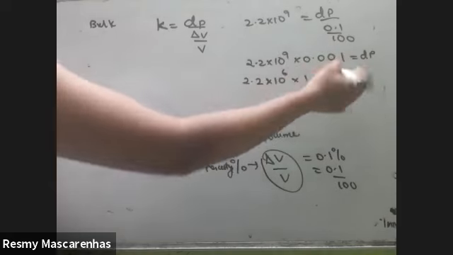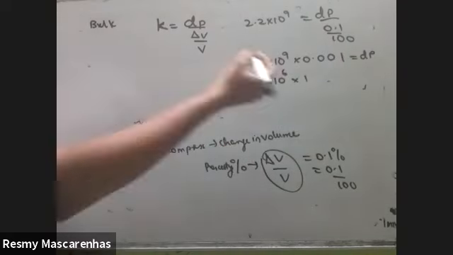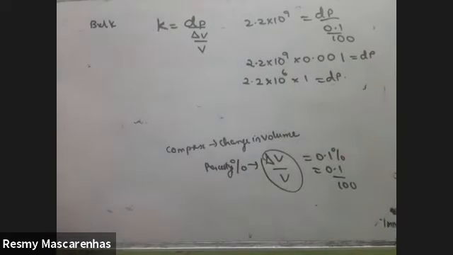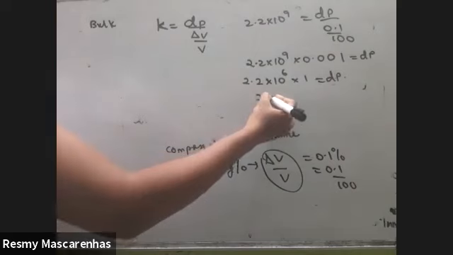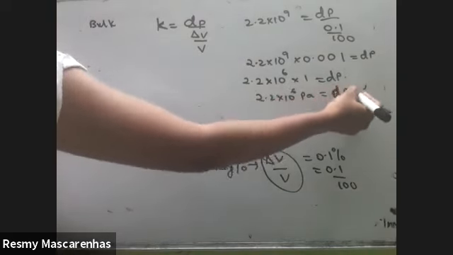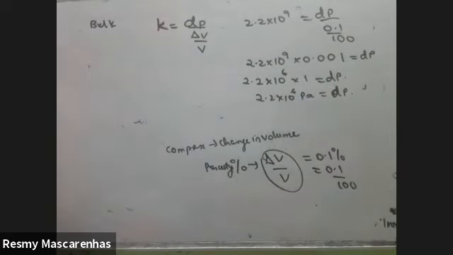So this will become 1. Okay, so 2.2 into 10 raised to 6 Pascal. That will be the answer.